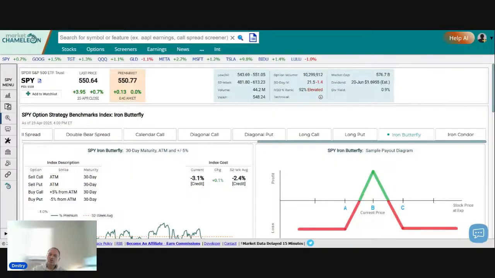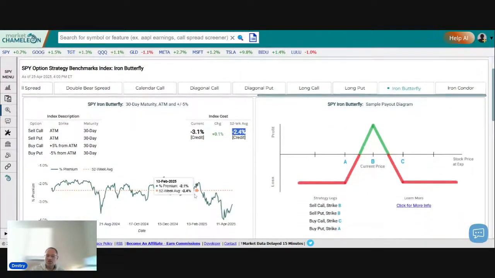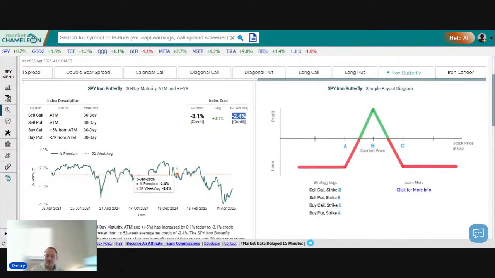Well, if we look at the 52-week average, it looks like the credit was 2.4%. That means right now there's more credit. People are willing to pay a higher premium for this strategy, and people selling demand a higher premium, 3.1% versus 2.4%. And you could see here, this is a graph of the history.